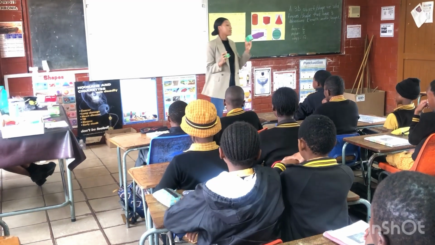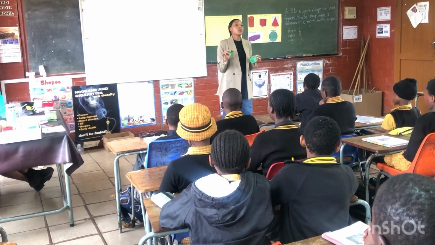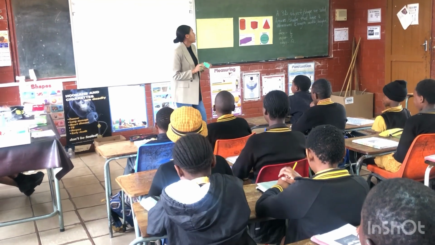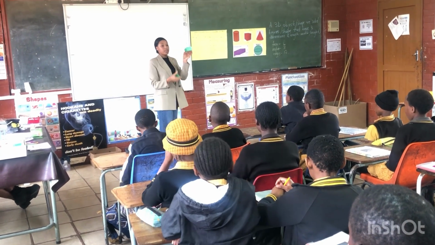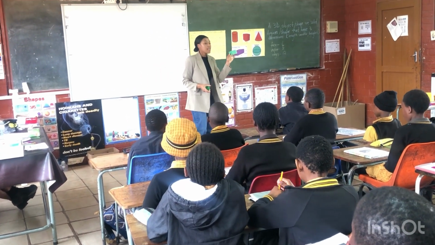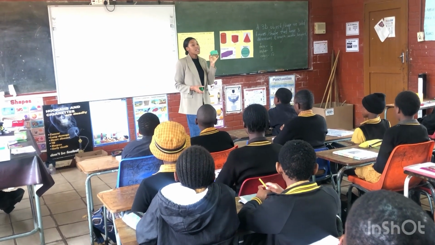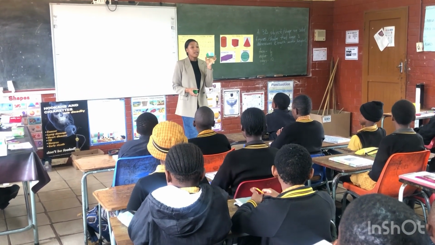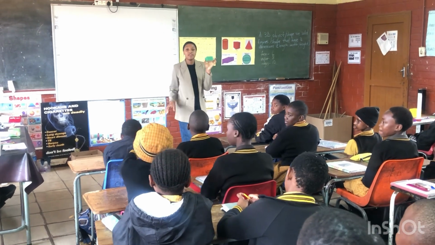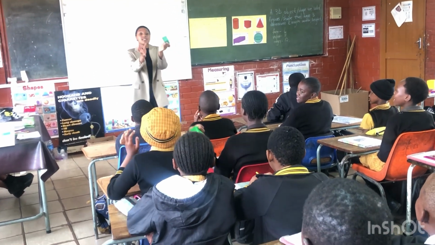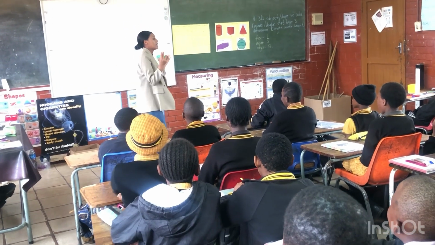If I throw a ball to you, it means you're giving me the answer, right? So this is a rectangular prism. How many faces does a rectangular prism have? 6 faces, is she correct? Yes. 6 faces, right.